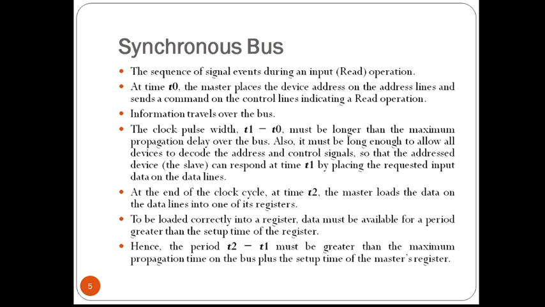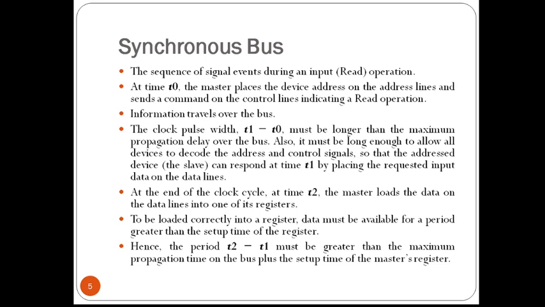It also has to be long enough to allow all the devices to decode the address and control signals, so that the addressed device, which is nothing but the slave, can respond. This time should not be too short.